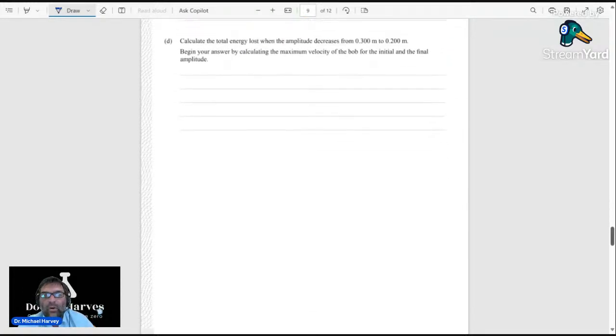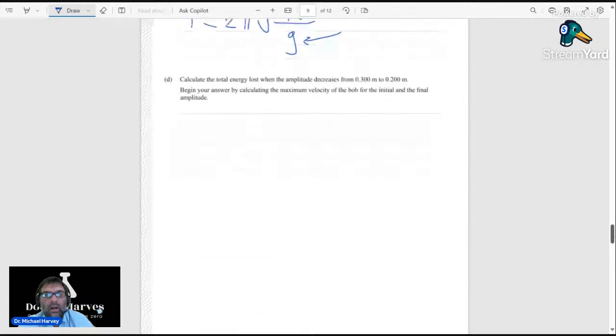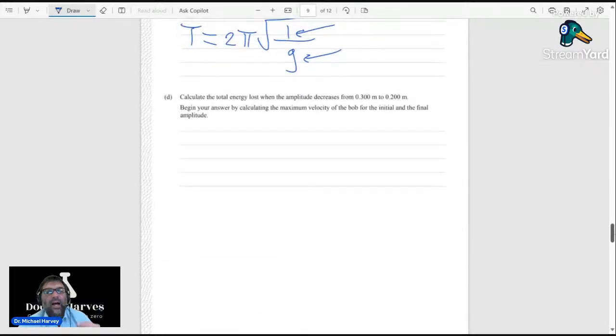And the last part of that question, nearly finished. Calculate the total energy lost when the amplitude decreases from 0.3 to 0.2 meters, and begin your answer by calculating the max velocity of the bob for the initial and final amplitude.